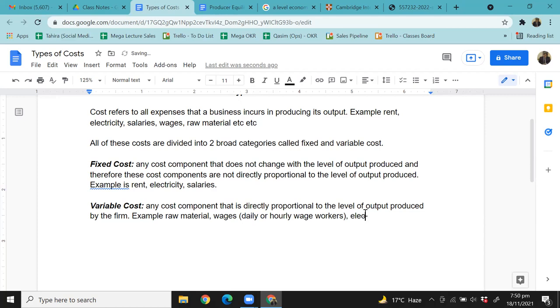Office electricity is fixed, because regardless of how many students you have, you have to pay the same electricity. However, for your factory, if you produce more output, you will be using your machines for longer, and so you will be using more electricity. That would be a variable cost. Does it make sense?